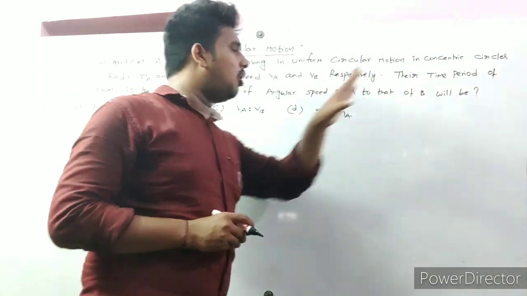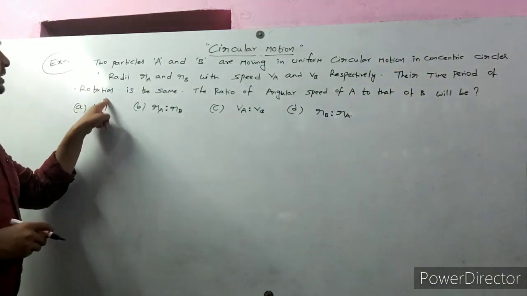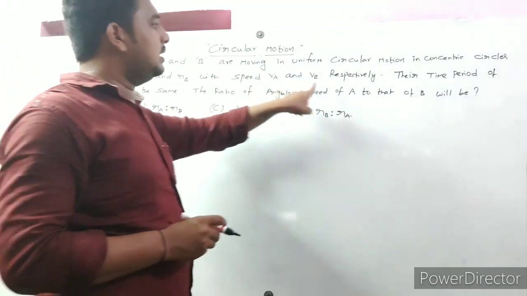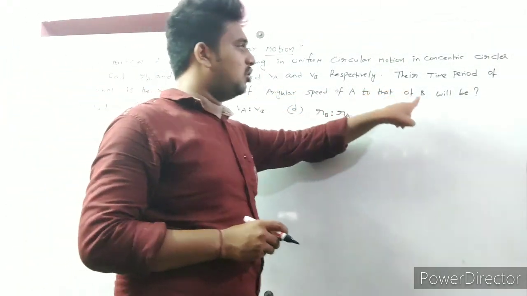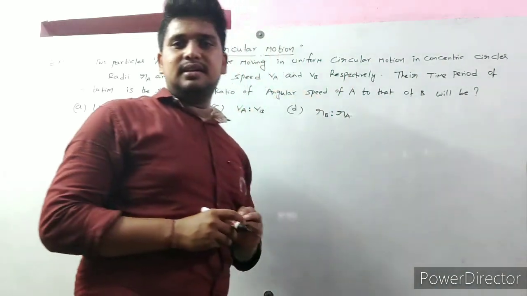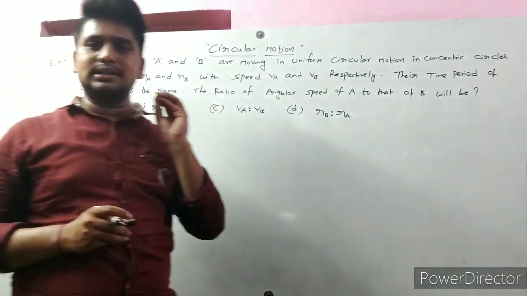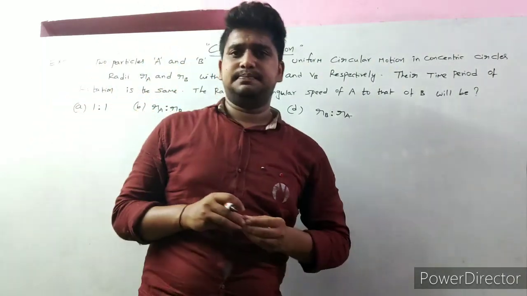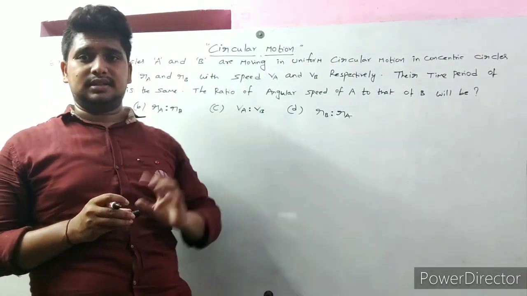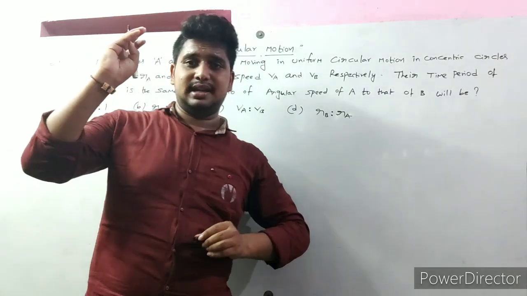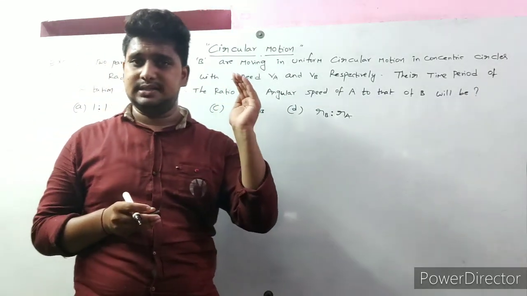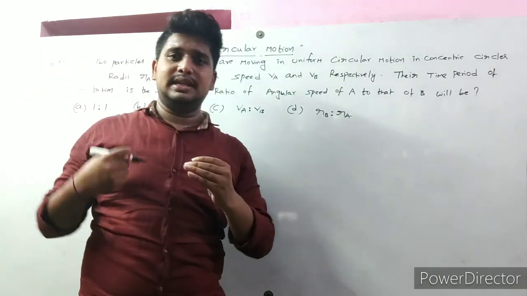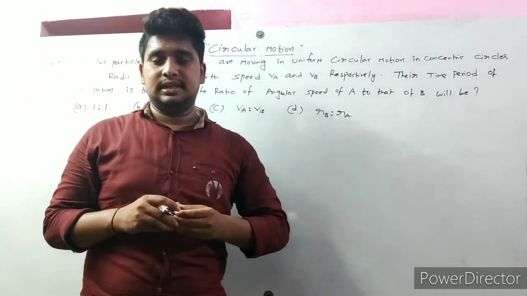Their time period of rotation is the same. The ratio of angular speed of A to that of B will be? Just observe carefully what is asked and what is given. Two particles are there. One particle is considered as A and another as B. The two particles move in circular motion in concentric circles.